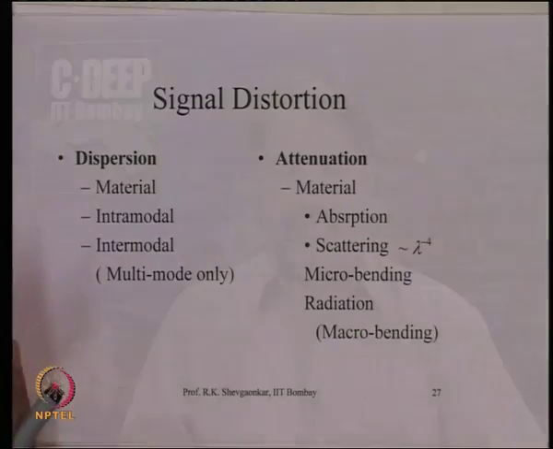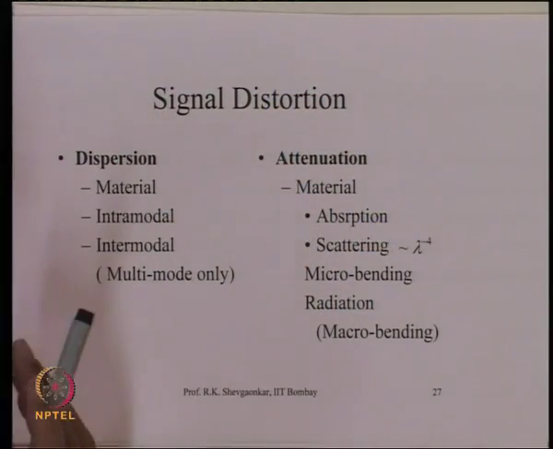What I mean by that is that when I calculate material dispersion, I assume that the waveguide dispersion is not present or negligibly small. That means, when I analyze a material dispersion, I assume that the light is propagating in an infinitely large medium. There are no guided modes. So, light propagates in the form of a transverse electromagnetic wave, but just because of the material properties, the velocity changes as a function of wavelength, and that gives you dispersion.